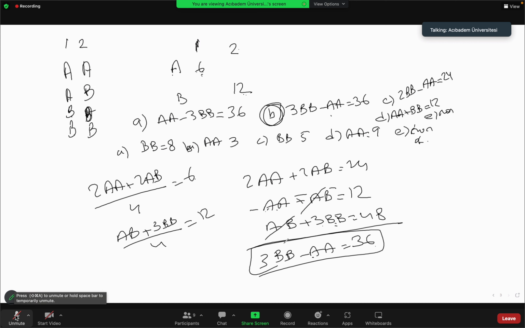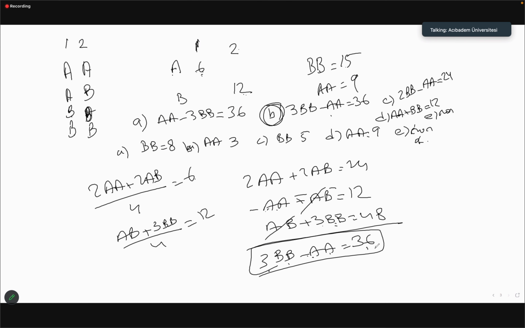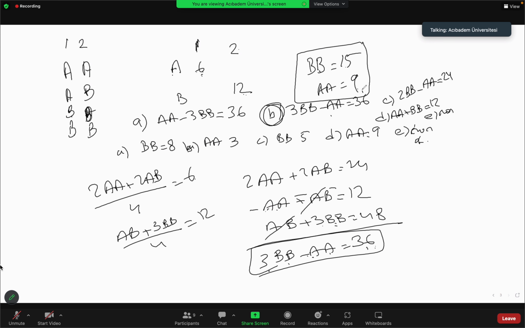So I can say BB similarity equal to 15, for example, and AA similarity equal to 9, because it has to give you 36. 3 times 15 minus 9 is equal to 36. So BB can be 15, AA can be 9. So I can give you these kinds of questions. Which one of the similarity scores would give you such a profile matrix?